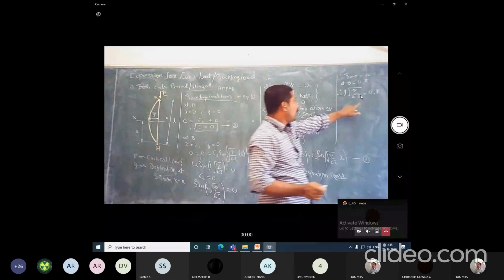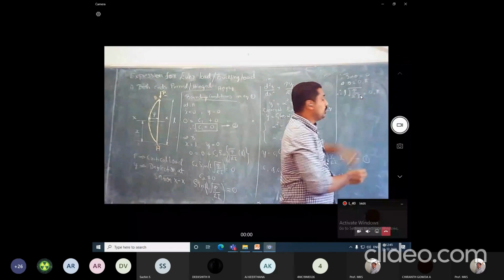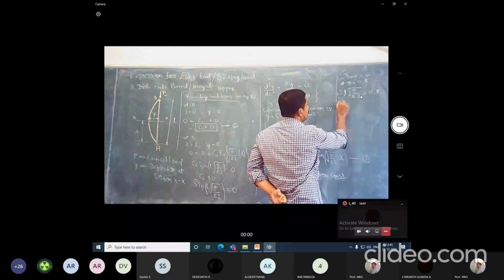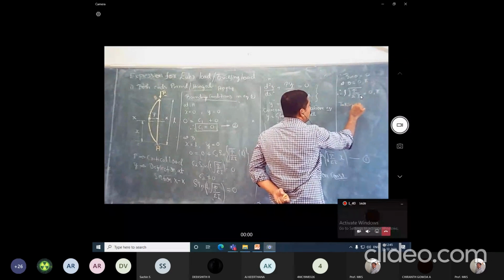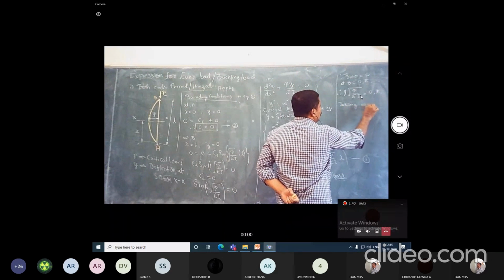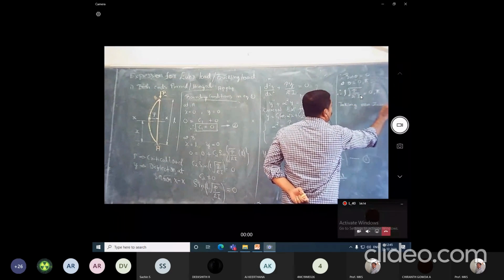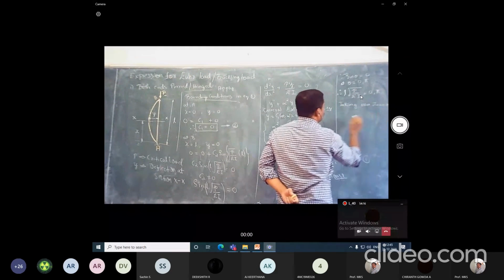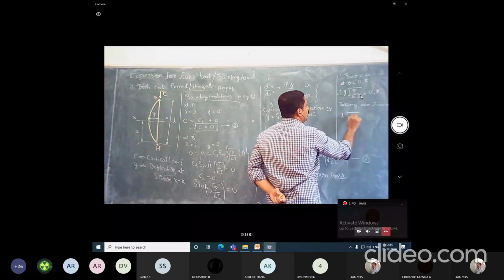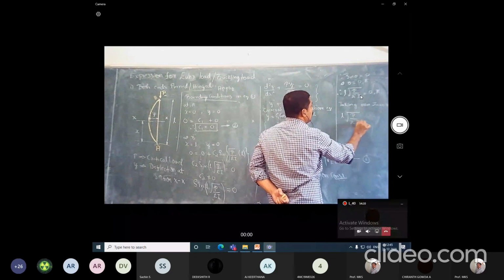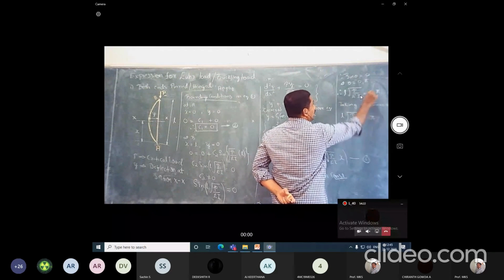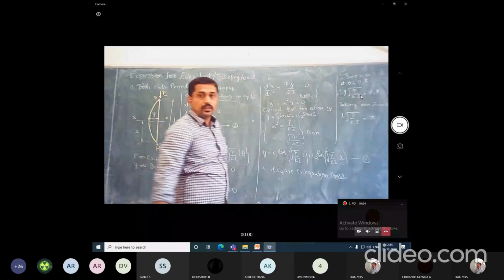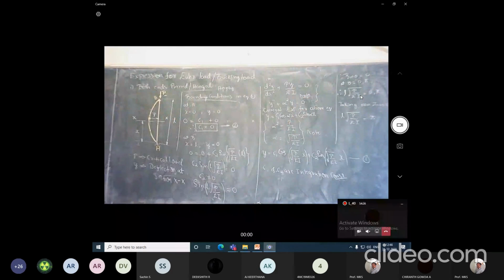Since I want to take a non-zero value, neglect 0 and take the non-zero value. L into root of P by EI will be equal to pi.